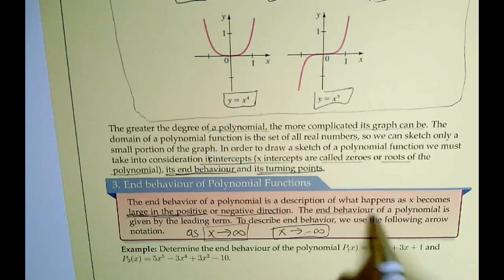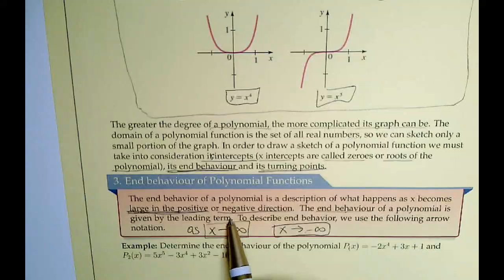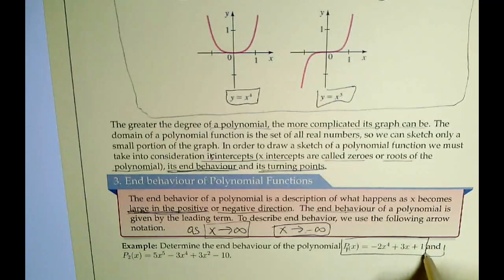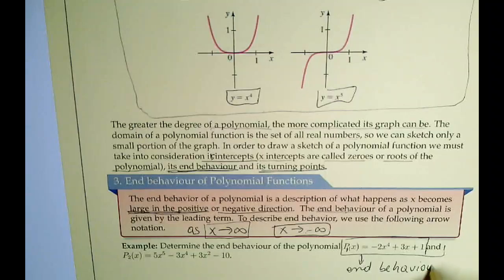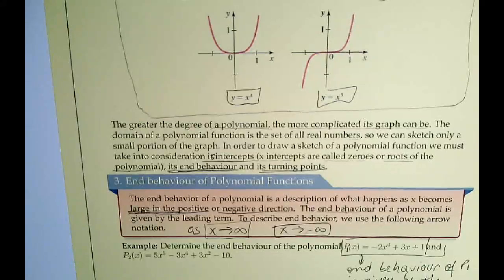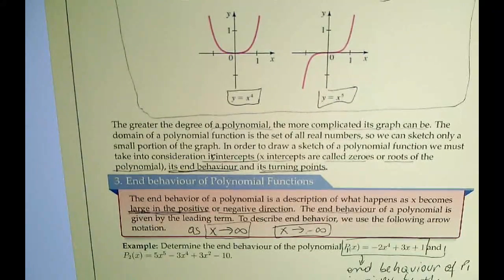So, what is the end behavior of a polynomial? The end behavior of a polynomial is given by the leading term. So if I have a polynomial p1 of x equals negative 2x to the fourth plus 3x plus 1, the end behavior of p1 is given by the leading term, which is negative 2x to the fourth.